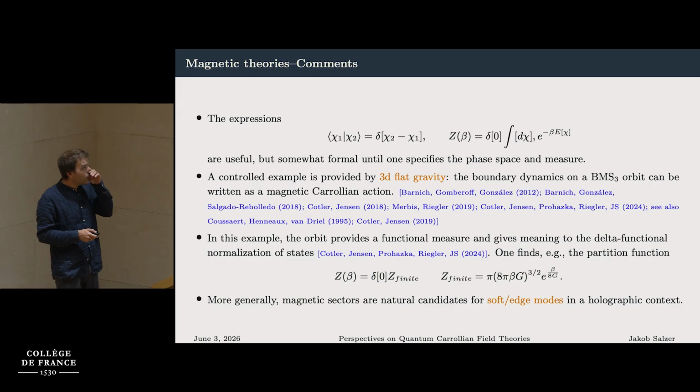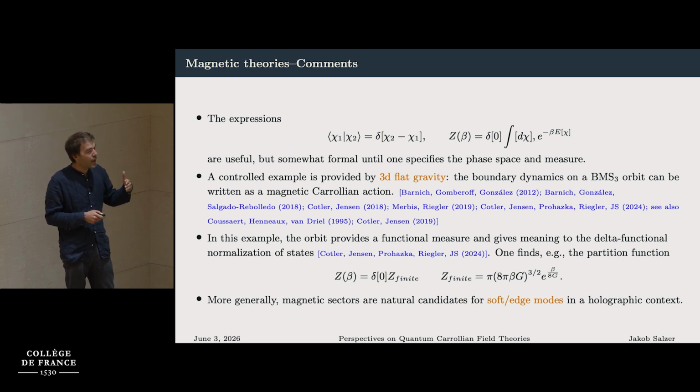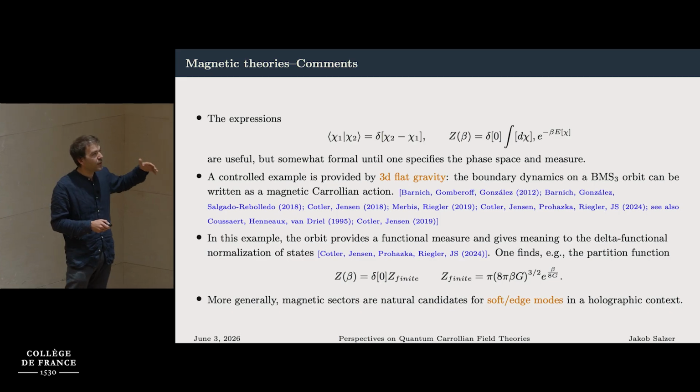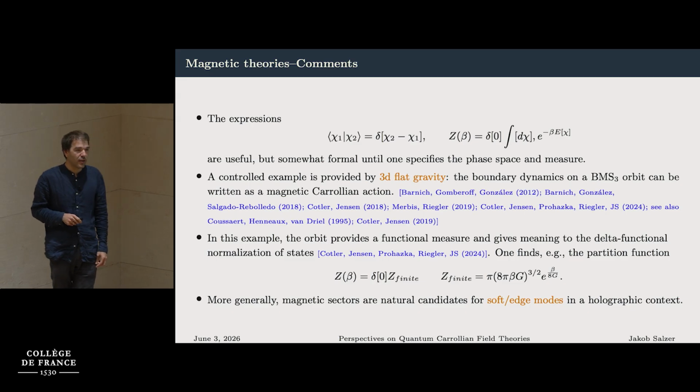And what you can do is reduce the dynamics of 3D gravity to the dynamics on orbits of BMS3, which is the asymptotic symmetry group of these 3-dimensional flat spacetimes. So you can reduce the dynamics of Einstein gravity to a 2-dimensional action on these orbits, and it turns out that you can write this precisely as a magnetic Carrollian action.